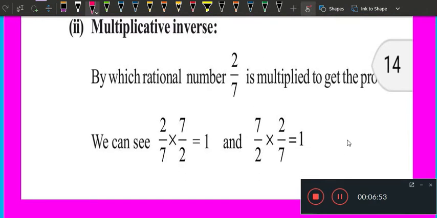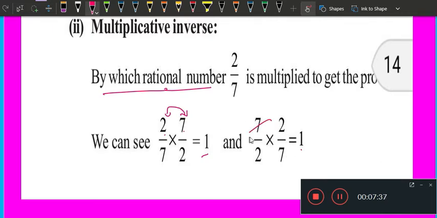Next, multiplicative inverse. See, by which rational number should 2 by 3 be multiplied to get the product 1? Here, see, 2 by 3 into 3 by 2 is equal to 1. 7 by 2 into 2 by 7 equals 1.